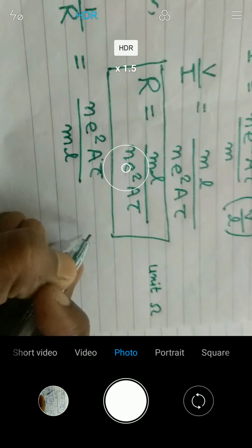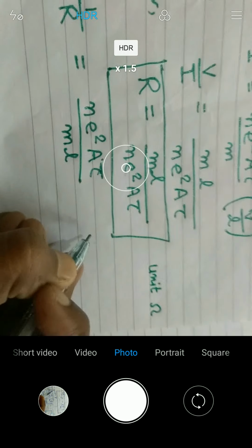Now observe the formula for resistance. R equals mL by Ne²Aτ. Now see, R equals mL by Ne²τA.